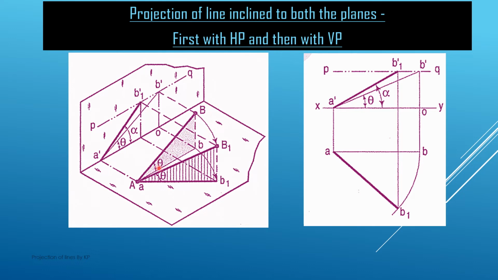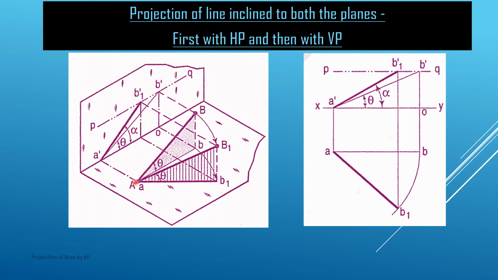In the previous slide we have seen how to get the projection when the line is inclined to HP and parallel to VP. This is the case first of all. Then we rotate this line AB by an angle, suppose phi, because phi is the angle this line AB makes with the vertical plane.